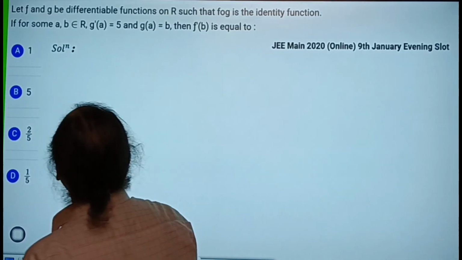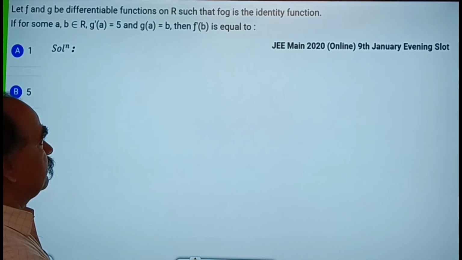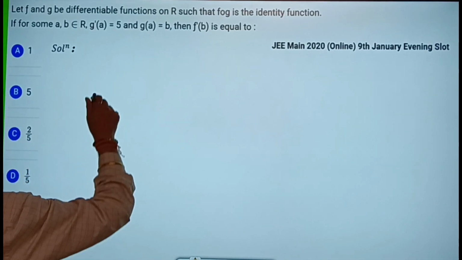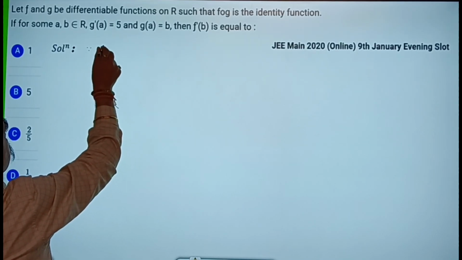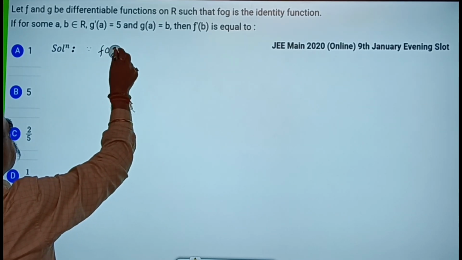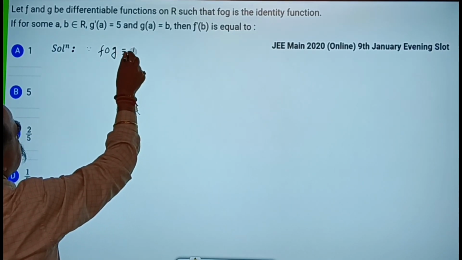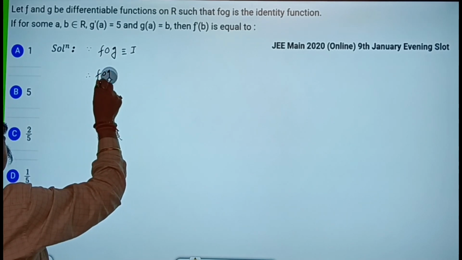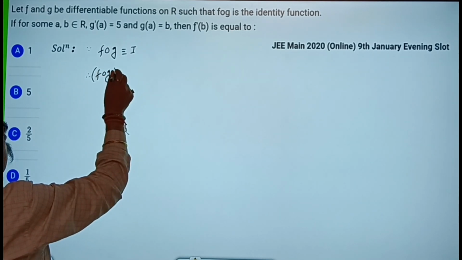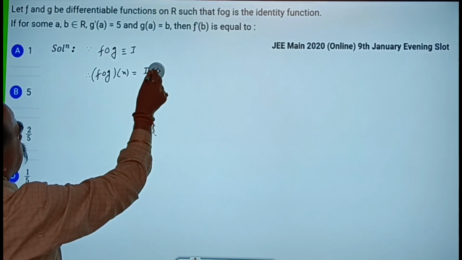Let f and g be differentiable functions on R such that f of g is identity. Since f of g is the identity function, f of g applied on x is the identity applied on x.